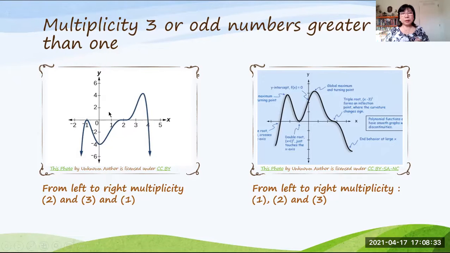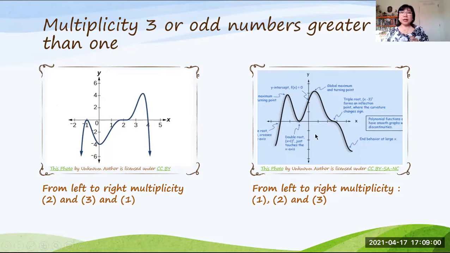We don't know what it is, but we know the highest degree for this polynomial function is power 6, because we have power 2 right here, power 3 here, and power 1 here. So 2 add 3 is 5, 5 add 1 is 6. And because it's even power, the direction of the graph, they both go the same direction downward like this.